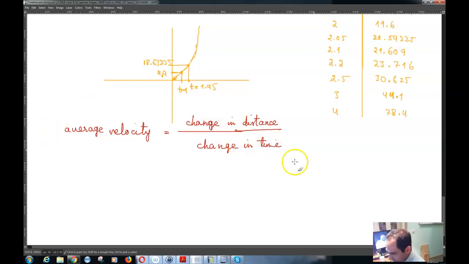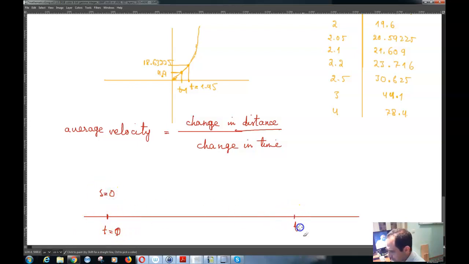If you don't understand this definition, you can always think about that car going along that straight road. For example, at t is equal to 0, your car is at this position over here at s is equal to 0.